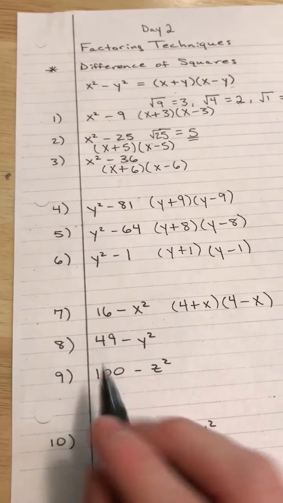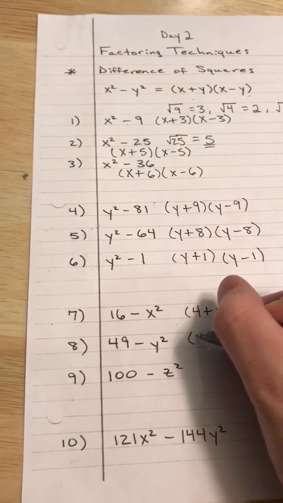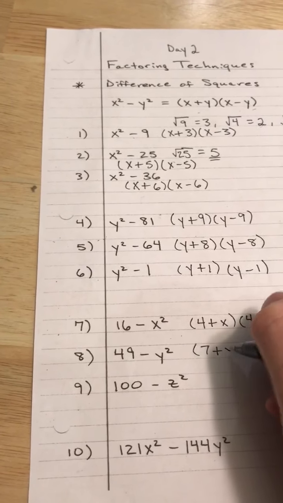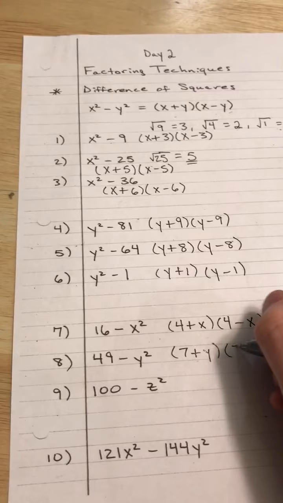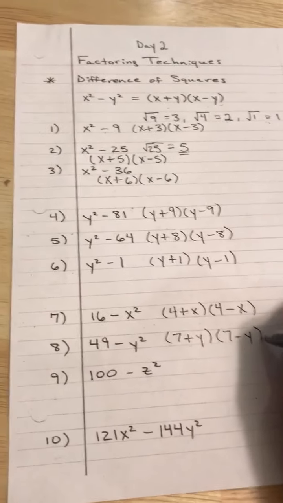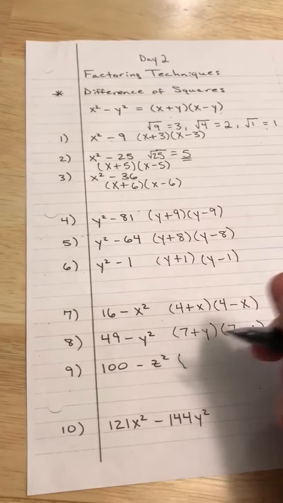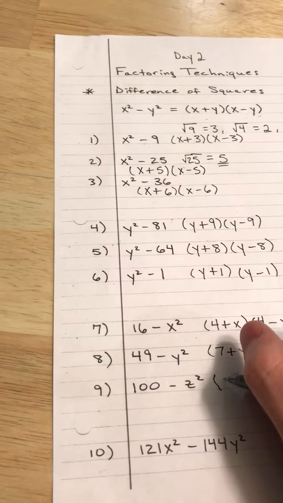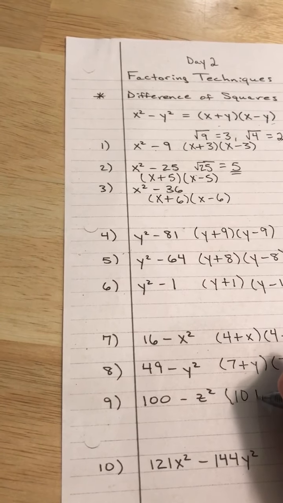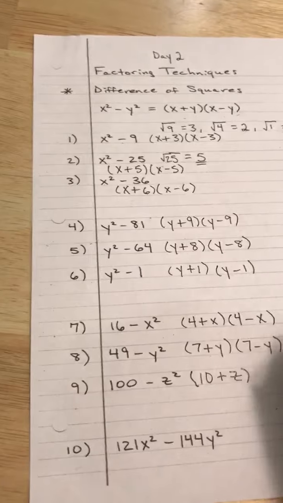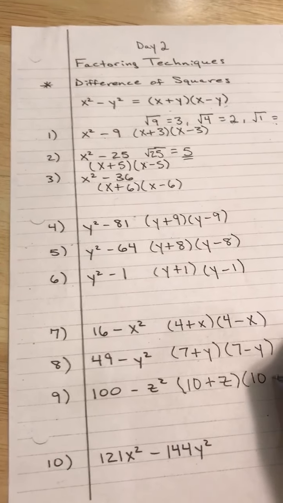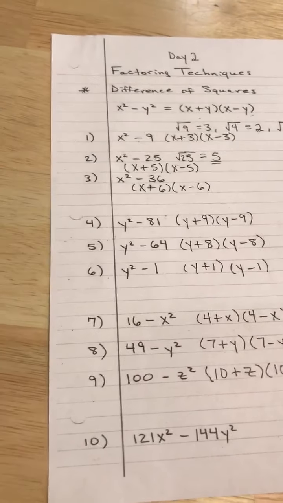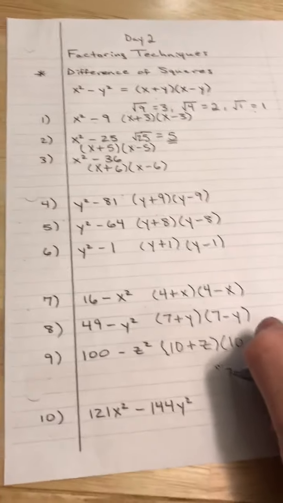Same way with the next one, square root of 49 is going to give me 7. So 7 plus y and 7 minus y. You probably guessed that, right? And then the last one, 100. Square root of 100 is 10, so 10 plus z and 10 minus z. Or zed, as some people call it.